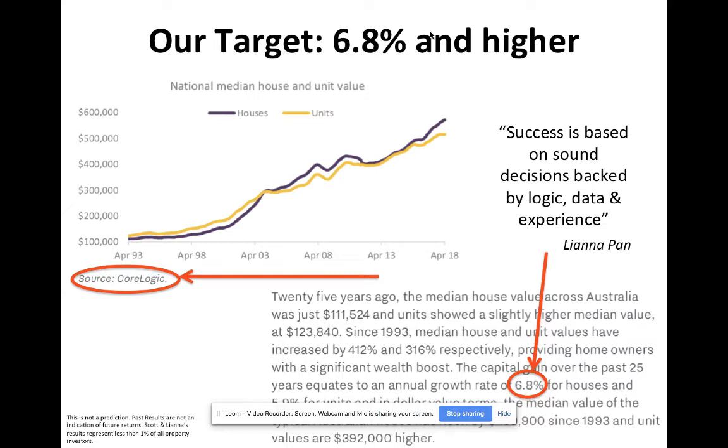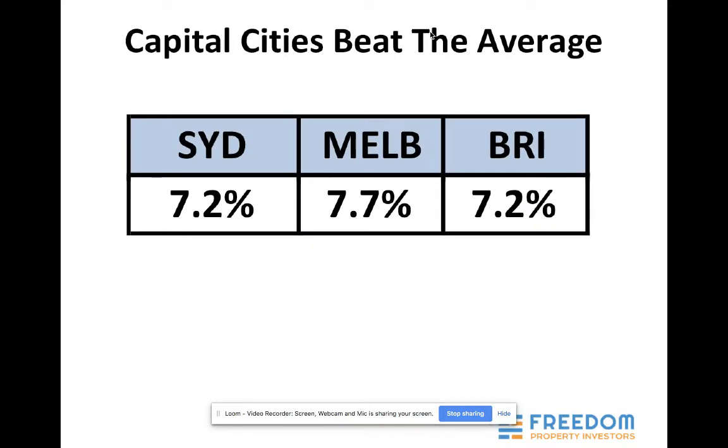Now remember that 6.8%, that's actually the national number all across the country. It's including all of the low growth areas. It's also including all of the high growth areas. So we can increase the probability and increase the chances of getting above 6.8% simply by coming to the east coast of Australia and investing in the capital cities there of Sydney, Melbourne, and Brisbane.